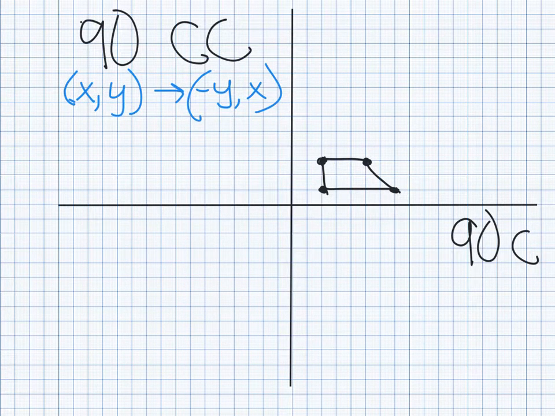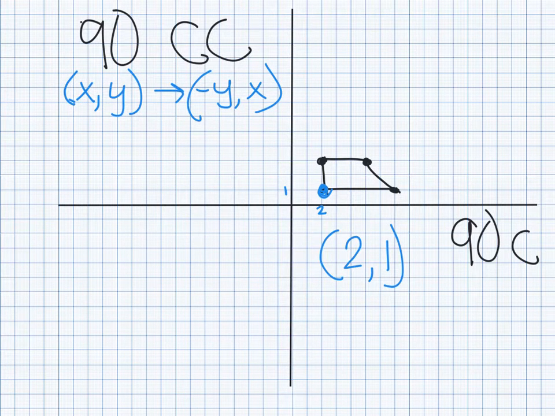So instead of it becoming negative x, negative y like it did with 180, what we do is we switch the x and the y spots and then make whatever ends up in the x spot negative. So let's just take this first point here on my diagram. Let me take this lower corner, which is currently at (2, 1). It's currently forward 2, up 1.